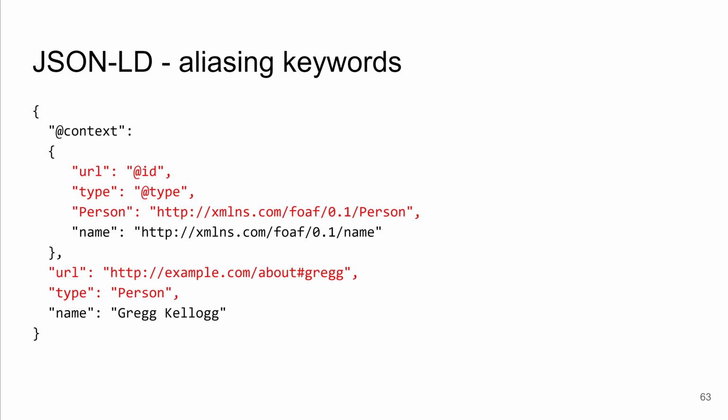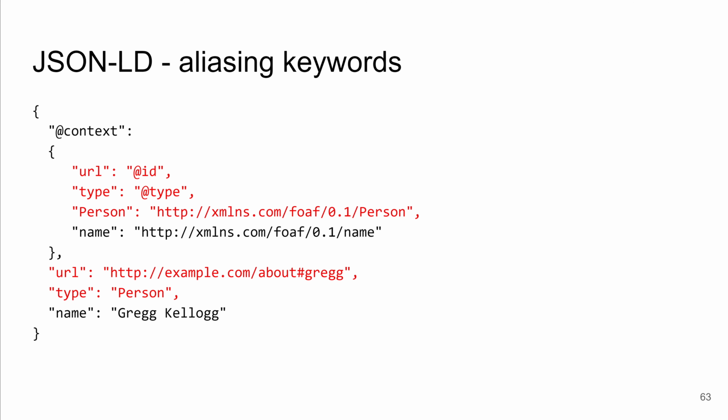Type represents the RDF type relationship, and the value person is mapped to the IRI for person, and the predicate name is mapped to the FOAF name predicate or the name key. So actually now the JSON part looks like regular JSON, and when the context is also interpreted, the result is the RDF representation of this data as it should be.